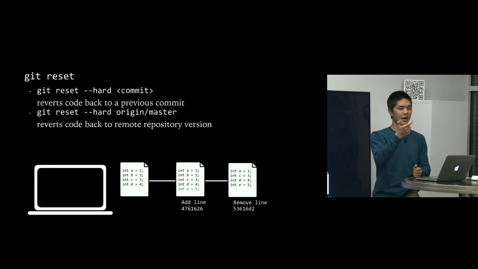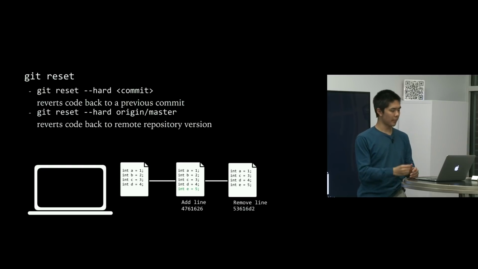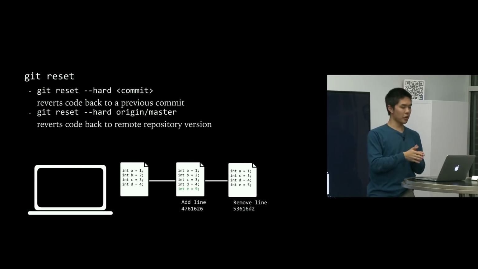Usually just a couple characters, at least enough to uniquely identify that commit so that no other commit has those same initial characters, is sufficient. If you type that, it will revert your code back to that previous version, and you will lose all of the changes that you've made since that version. So do this only if you are sure that you want to go back to that previous version.